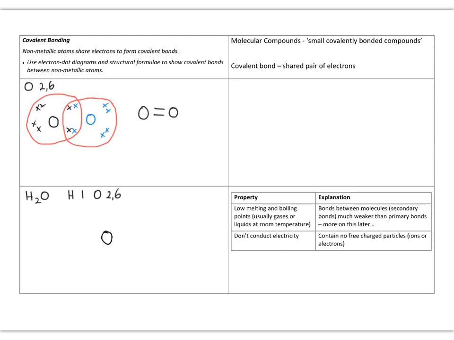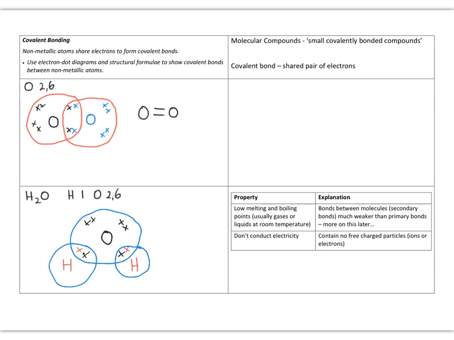Now we normally start with the central atom, and we go 1, 2, 3, 4, 5, 6. And we can see we've got these 2 unpaired electrons, or 2 holes, where we need 2 more electrons. And then the hydrogens come along with their 1 electron each. Now this hydrogen thinks it has 2, so it's happy. That's a full outer shell for the first shell. This one thinks it has 2, so it's happy. The oxygen thinks it has 8, so that's happy.